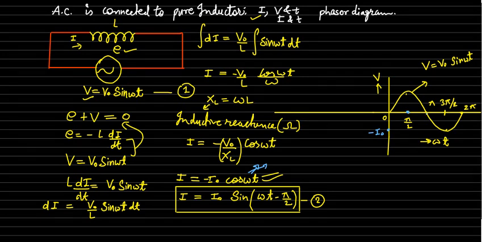Now at pi, cos pi is minus 1, and minus 1 into minus I naught will be plus I naught, so it will be somewhere here. Remember that its peak must be less than the voltage. Then again at 3 pi by 2 its value is 0, and at 2 pi its value is in the opposite direction. If I join all these points, again we get a sinusoidal curve.